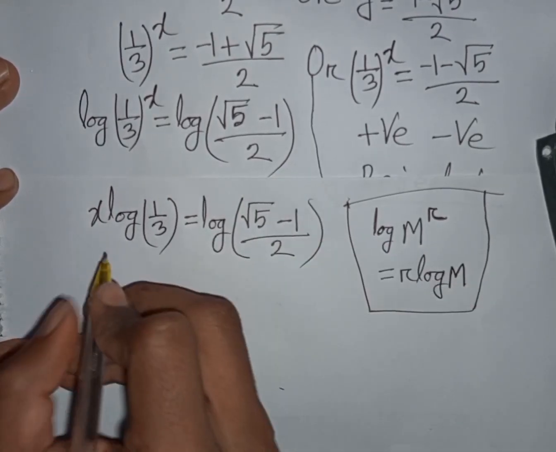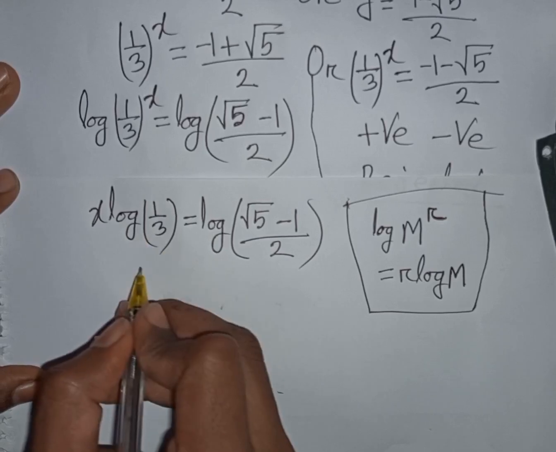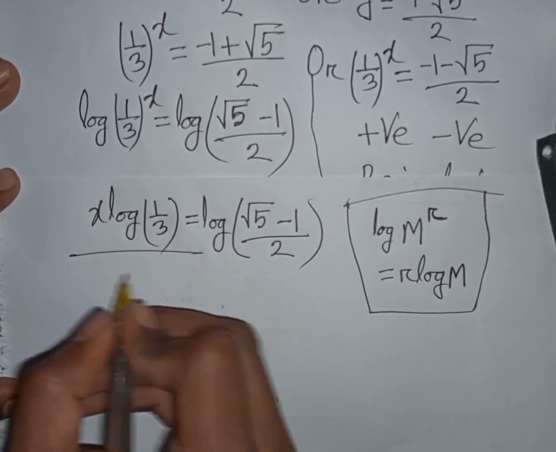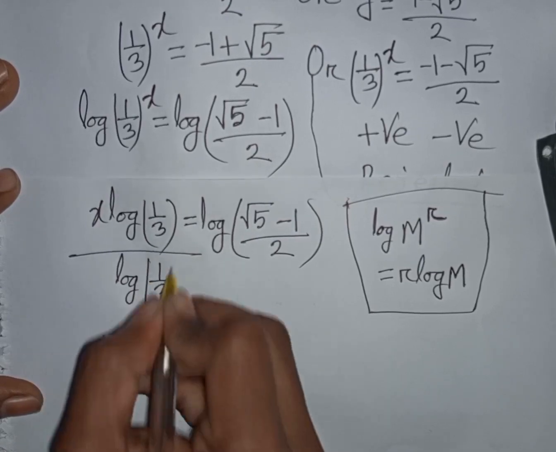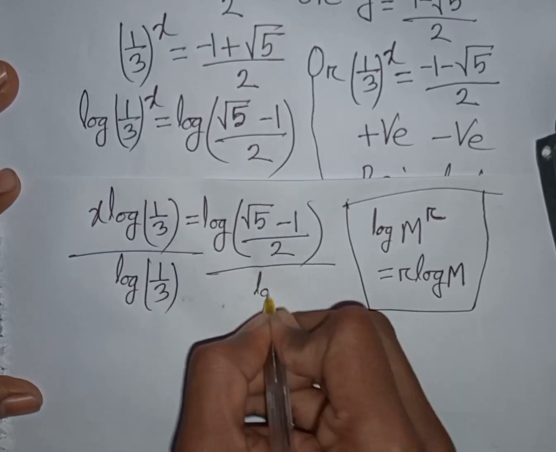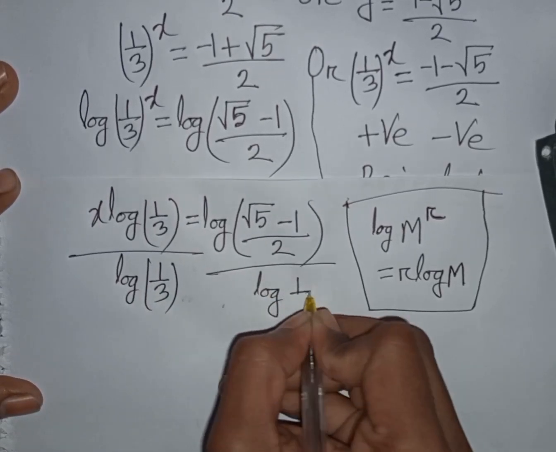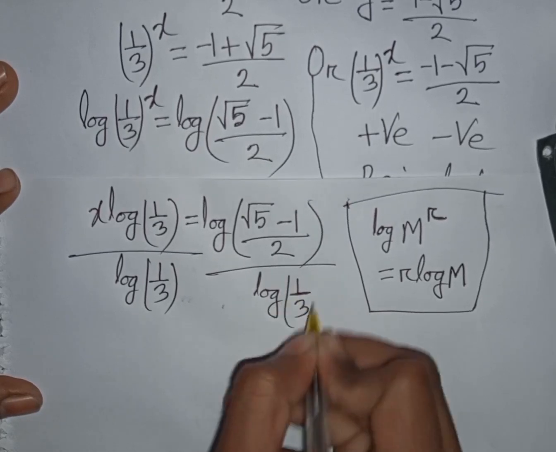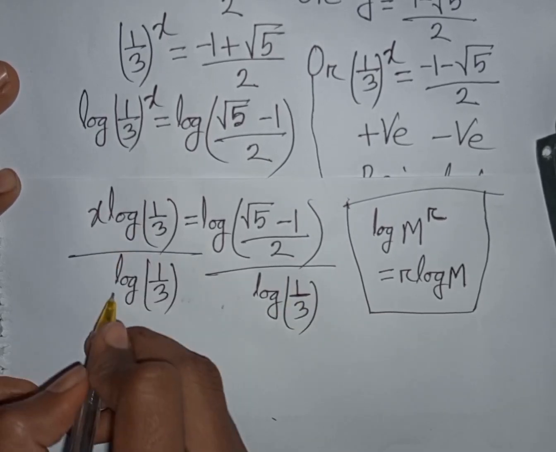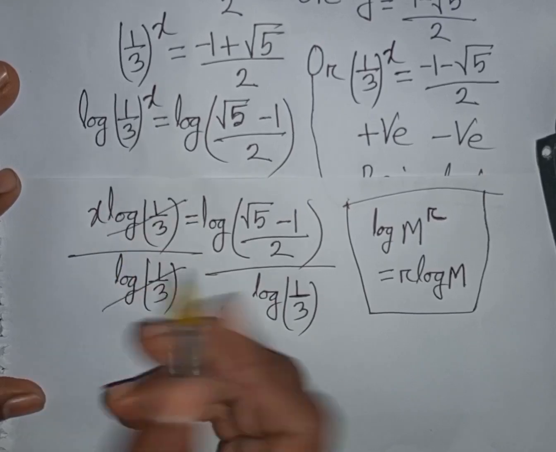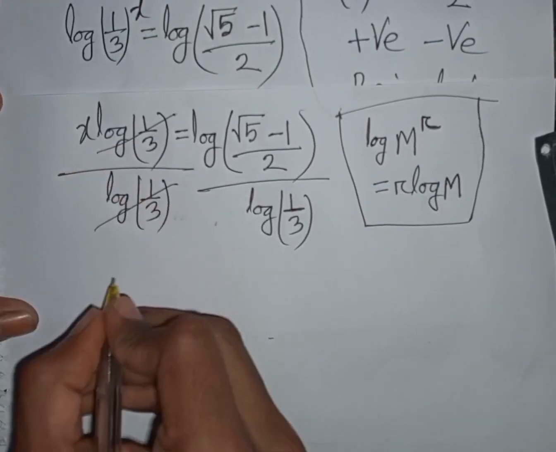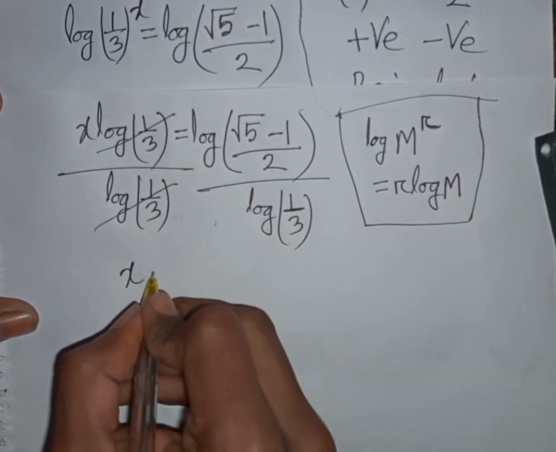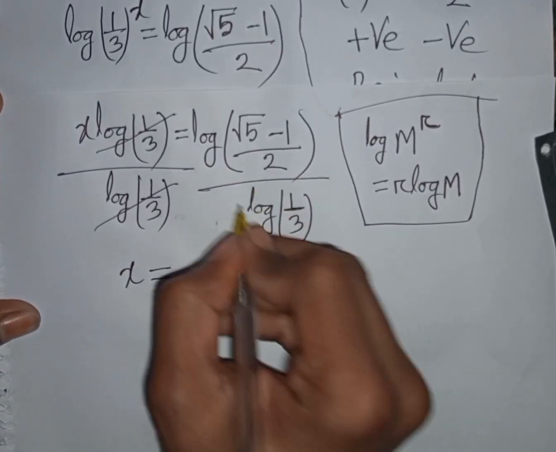Now we need the value of x, so we divide by log of 1/3 on both sides. Now we see this log of 1/3 and this log of 1/3 will be cancelled. So here x will be equal to this divided by this.